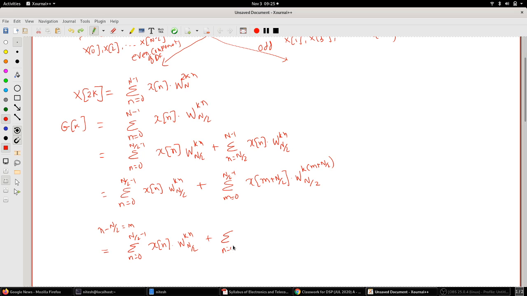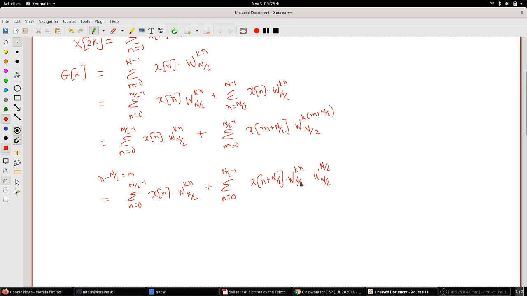So it will be n equal to 0 to n by 2 minus 1 x of n plus n by 2 into wkn of n by 2 into w n by 2 of n by 2.